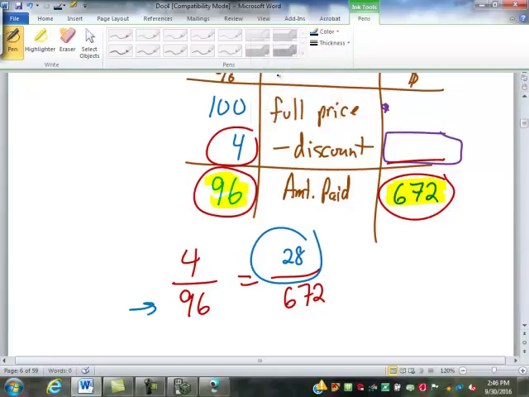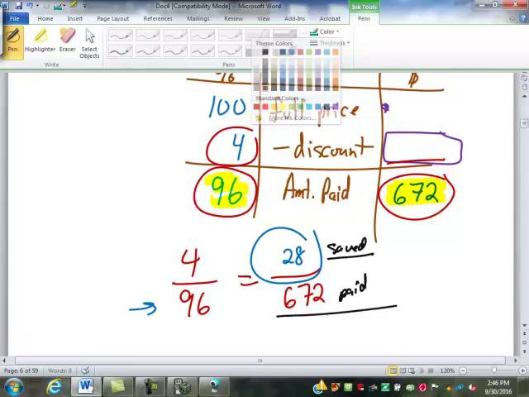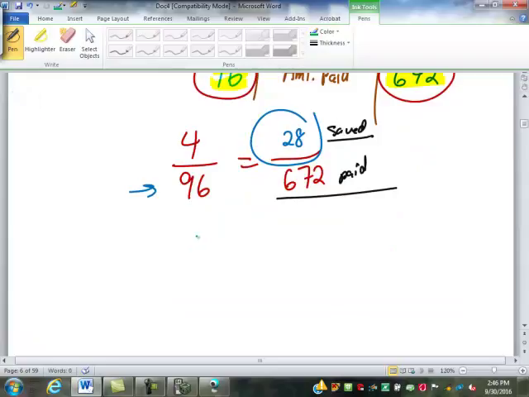Now, one of the keys to these problems, if you're not sure if you did it right, add it together and work it backwards. So here they saved $28. They paid $672. Full price must have been $672 plus 28.